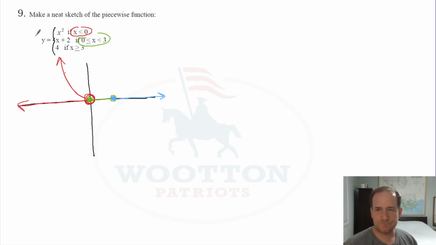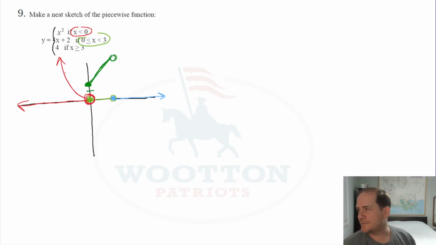Then in green, plugging in 0, 0 plus 2 gives us 2, so we would get a solid dot up here at 2, and plugging in 3 gives 5, so 1, 2, 3, 4, 5 would be up here, but this end should be open, and to connect the dots we would see the shape of a line.